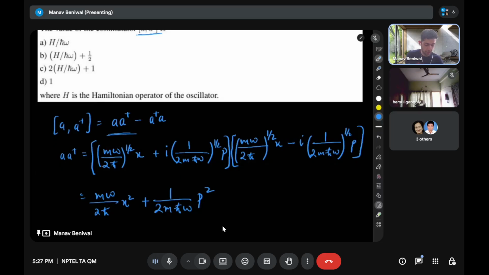Then if I multiply these cross terms, the m omega and m omega cancel each other, and we are left with minus iota by 2 h cut times xp, and similarly this other term will give me minus px.